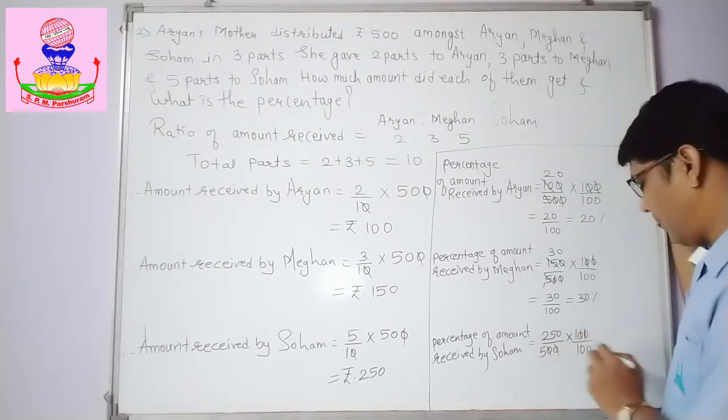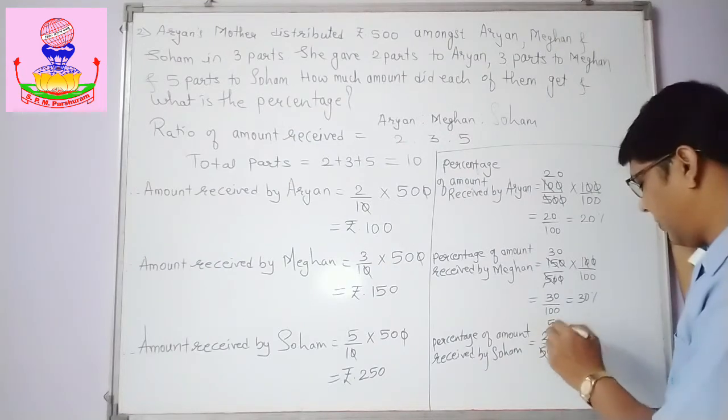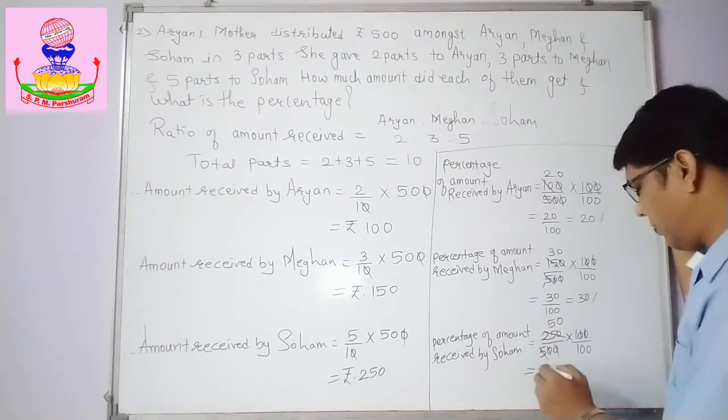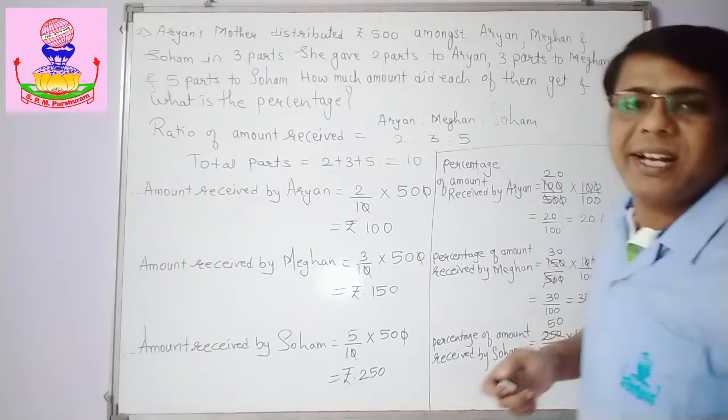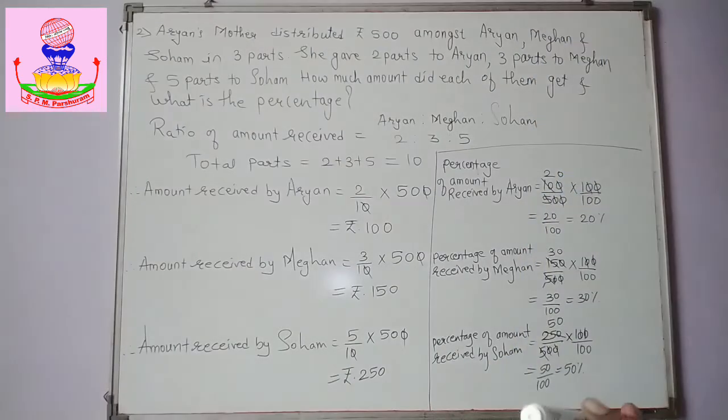So 1 2 1 2. 5 ones are 5, 5 fives are 25, 5 zeros are 0. So 50 upon 100. That is equal to 50%. So see guys, what are the percentages received by them? Aryan received 20%, Meghan received 30%, and Soham received 50% of it.